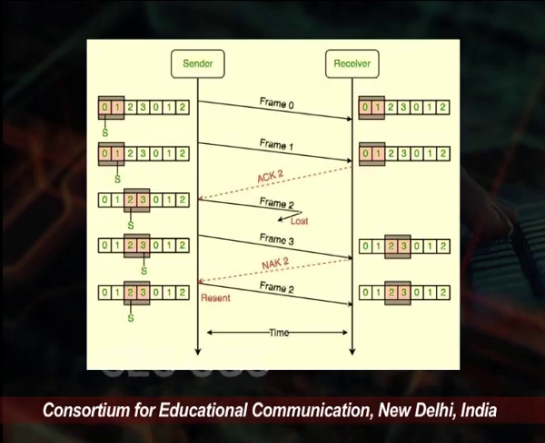NAK is negative acknowledgement. So all the frames starting from frame 2 in this particular example, both frame 2 and frame 3, are to be retransmitted, and we have seen this protocol in detail. So this was your go back N protocol.